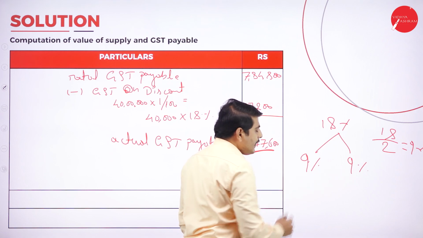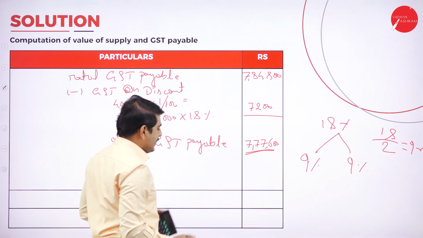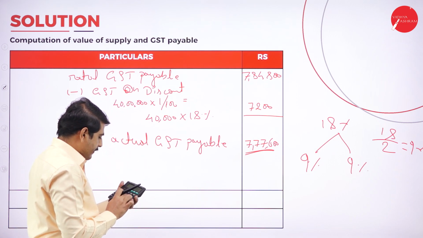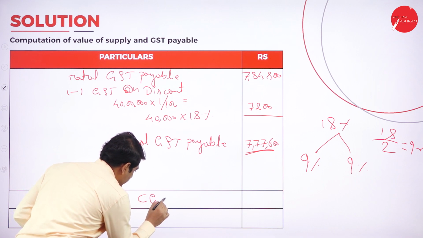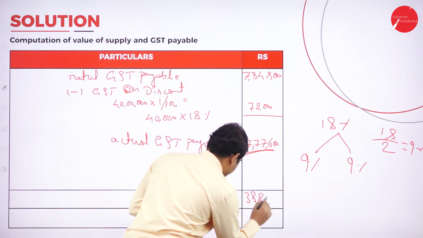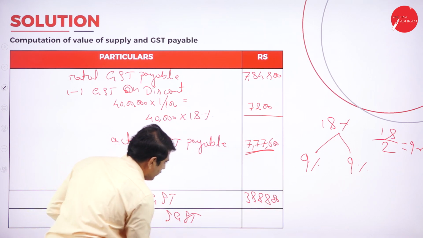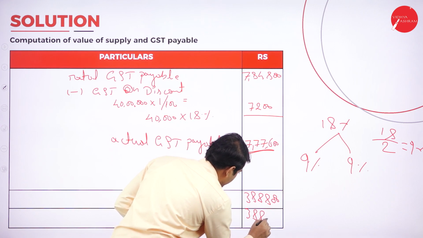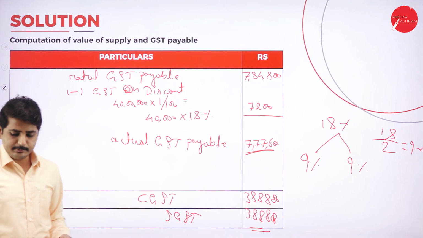So 9% is the CGST, 9% is the SGST. So we divide the amount by 2. That means CGST equals 3,88,800 and SGST equals 3,88,800. So like this we can solve the problem.